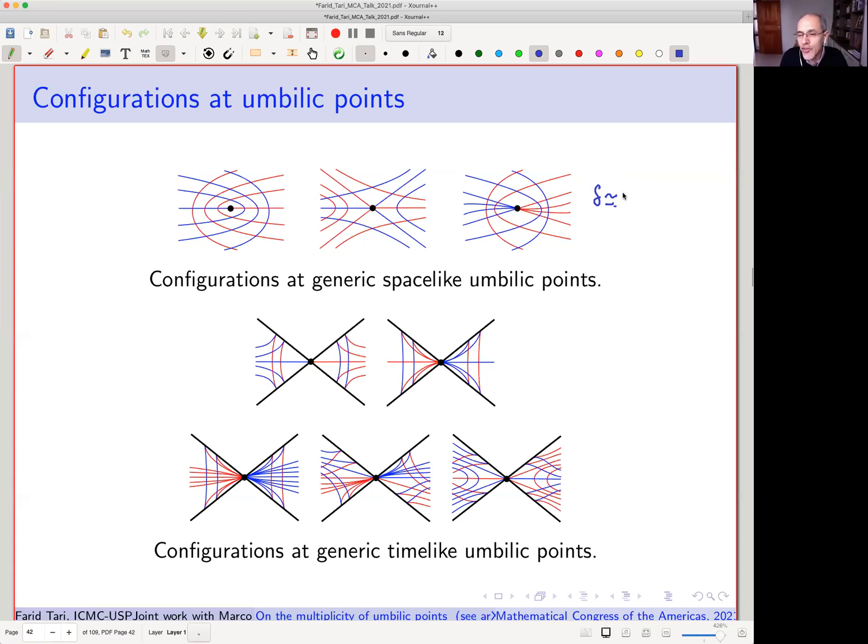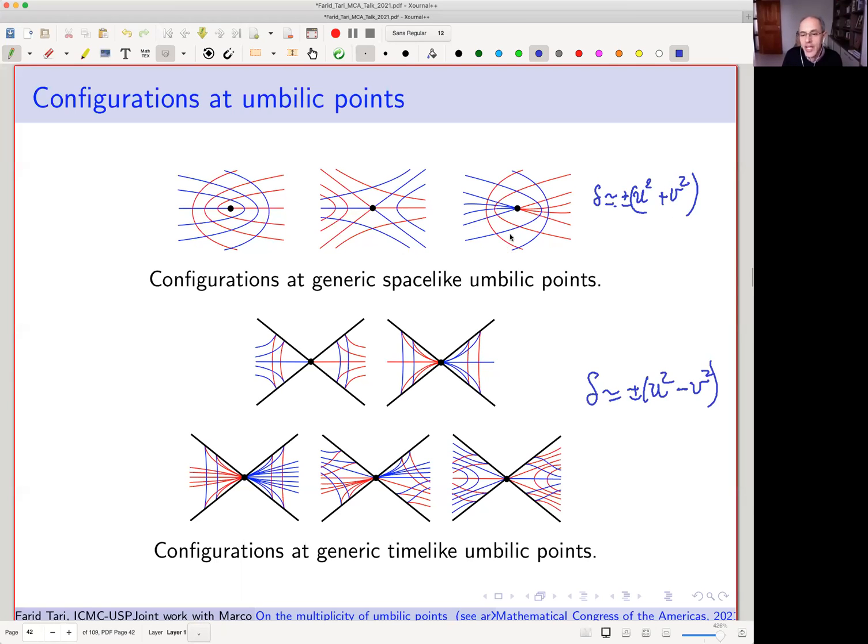By changes of coordinates in the source, it is equivalent to this function, plus or minus v squared. And the discriminant here has a Morse singularity, with index 1, index 0 or 2, here index 1.